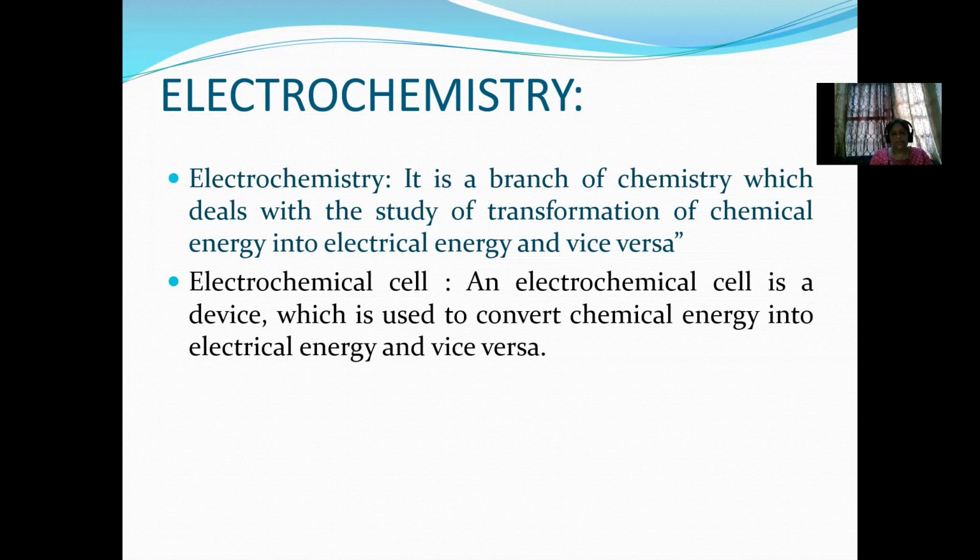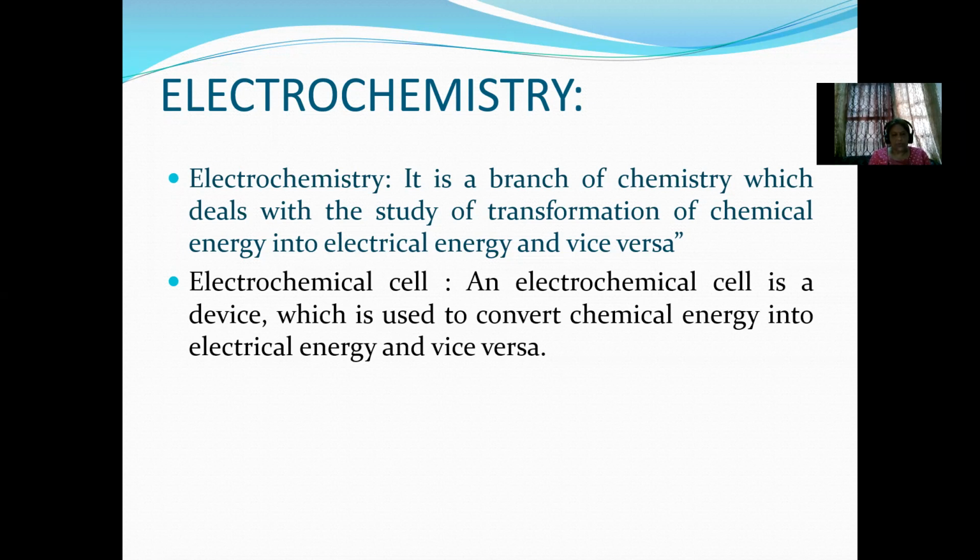That means this science explains how we can derive electricity out of a chemical reaction, and how electricity can be applied to get a beneficial chemical reaction. That is electrochemistry. So both ways we can change chemical energy into electrical energy and electrical energy into chemical energy.